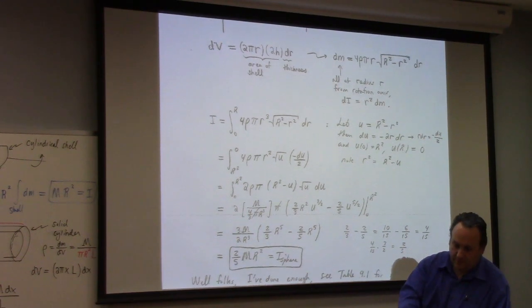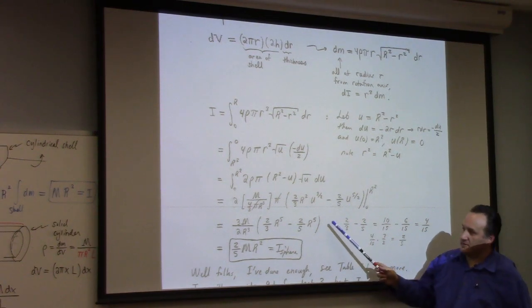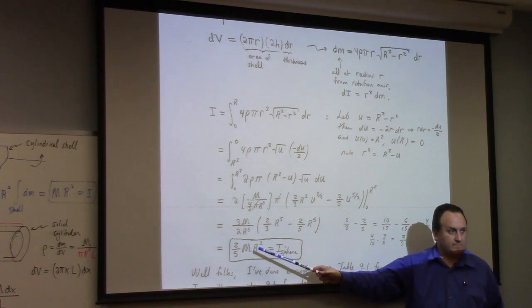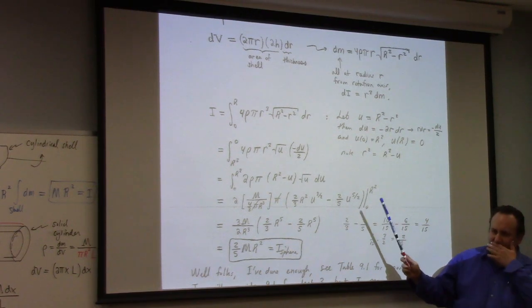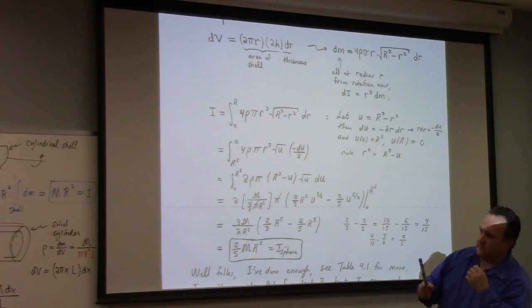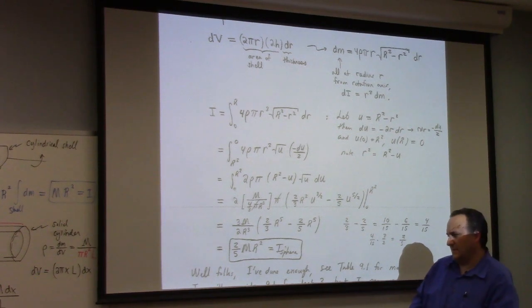But anyway, when you do the integral, which you guys can do, it works out to 2/5 m r squared. If memory serves me correctly, for the spherical shell it's either 3/5 or 4/5. I can't remember.